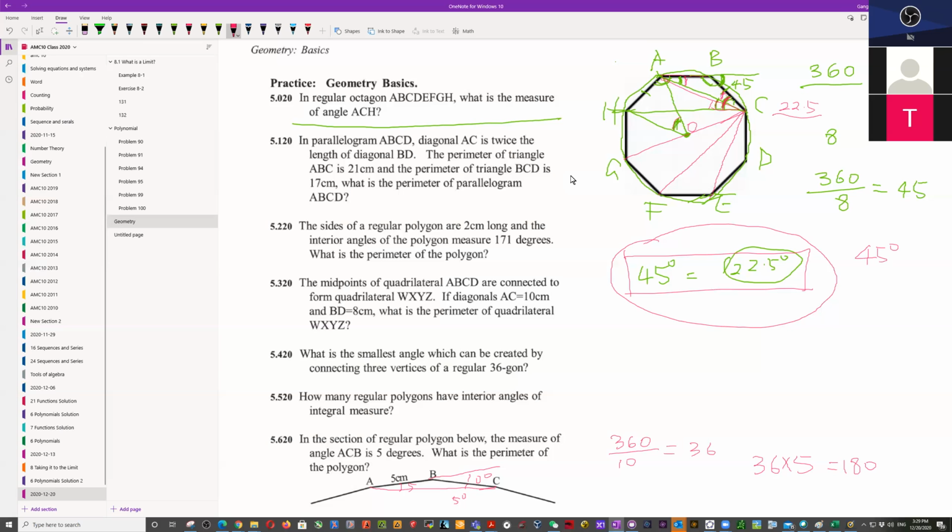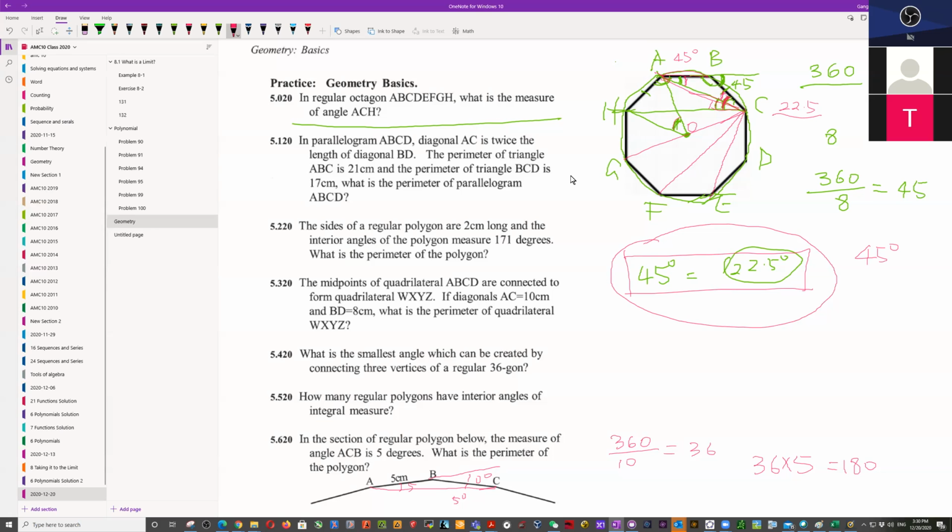If I put an O here, AOB is 45, BOC is 45, COD is 45, and it goes on and on. If I use just the concept of the inscribed angle, because arc AB is 45 degrees, this inscribed angle here is 22.5. I don't even have to use the isosceles triangle to find it out.